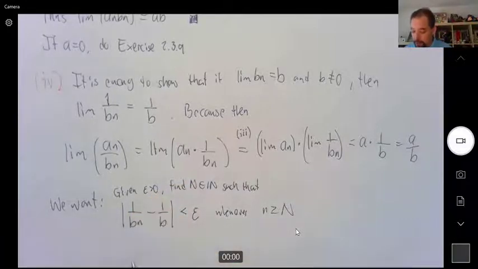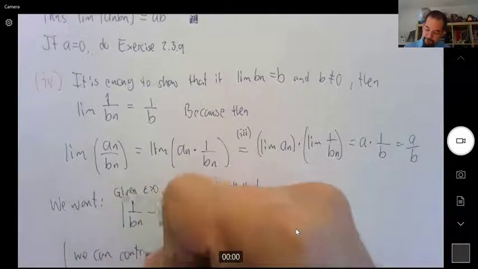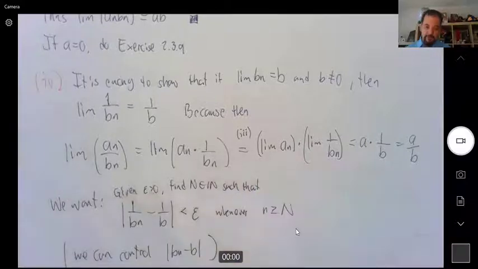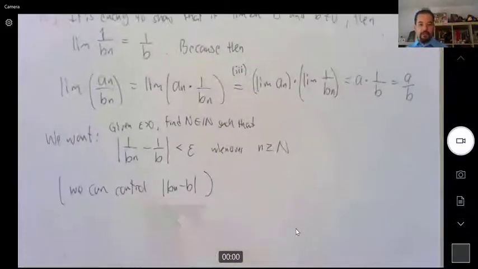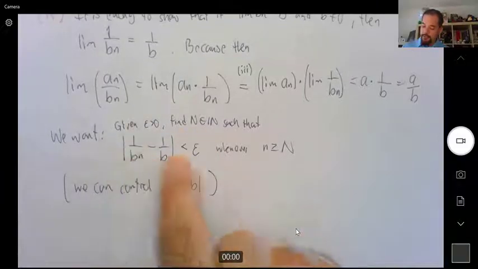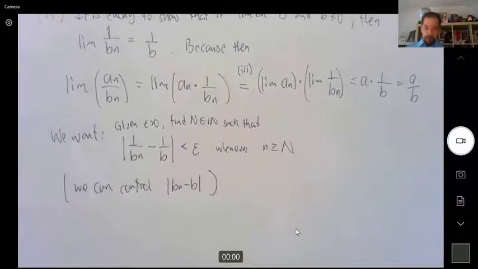The one thing we know is that bn minus b we can control, right? So let me put it here. We can control bn minus b. Okay, I'm not going to write the definition again and everything. I'm just trying to streamline a little bit the way in which you think of the right way of doing the proof. So from this one here, maybe we do the fraction. We find a common denominator.